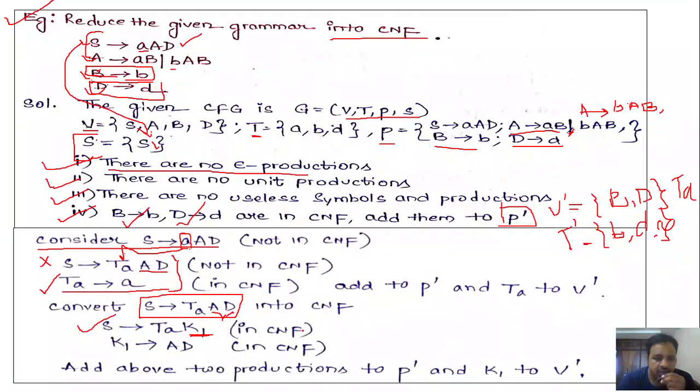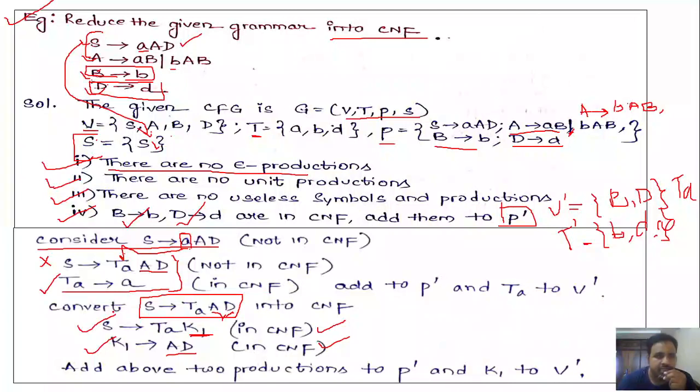The moment we do this, it comes into CNF form. What is this K1? K1 denotes capital A D. So it also comes into CNF form, right? So add these production rules to P dash, the variables S and K1 to V dash. And if any terminals are there, add them to T dash. So that's it for this particular production.